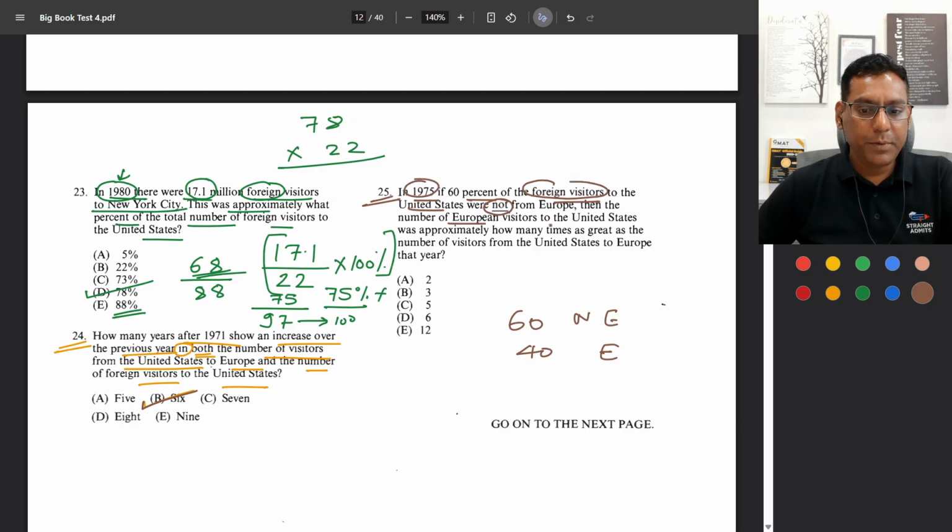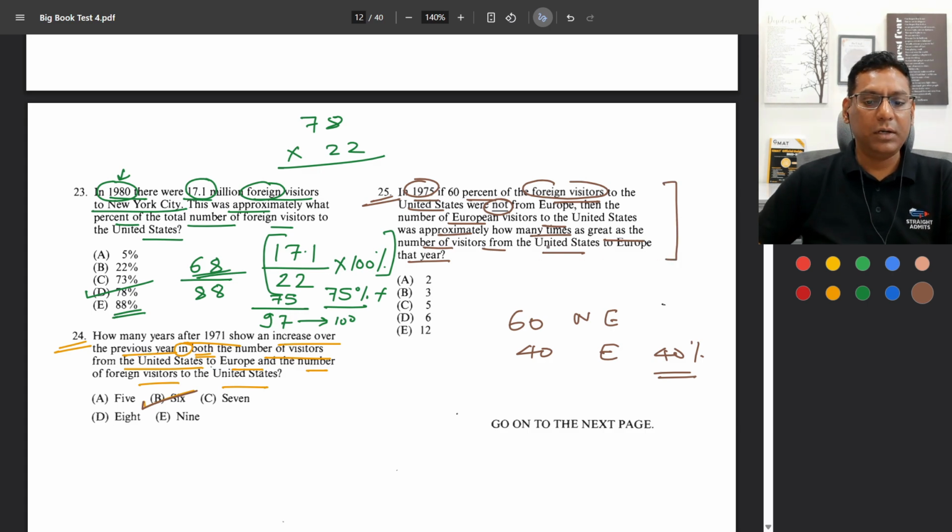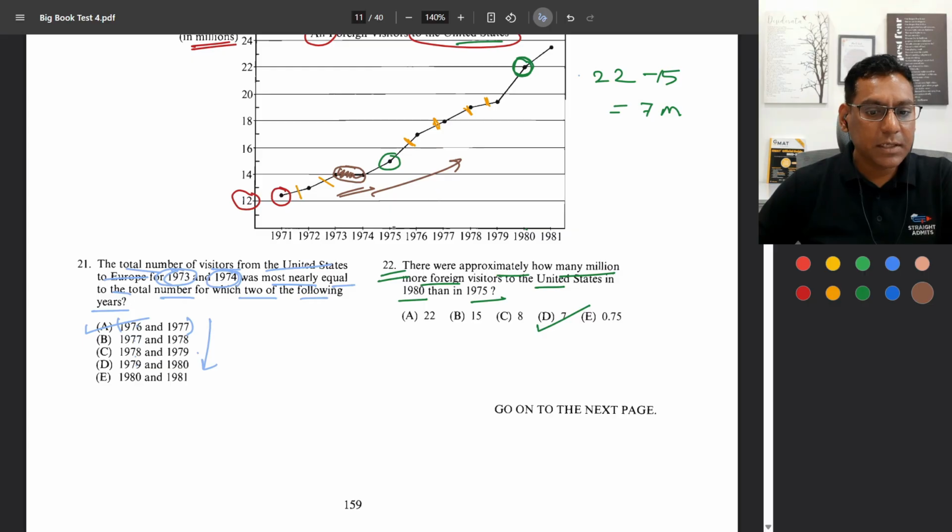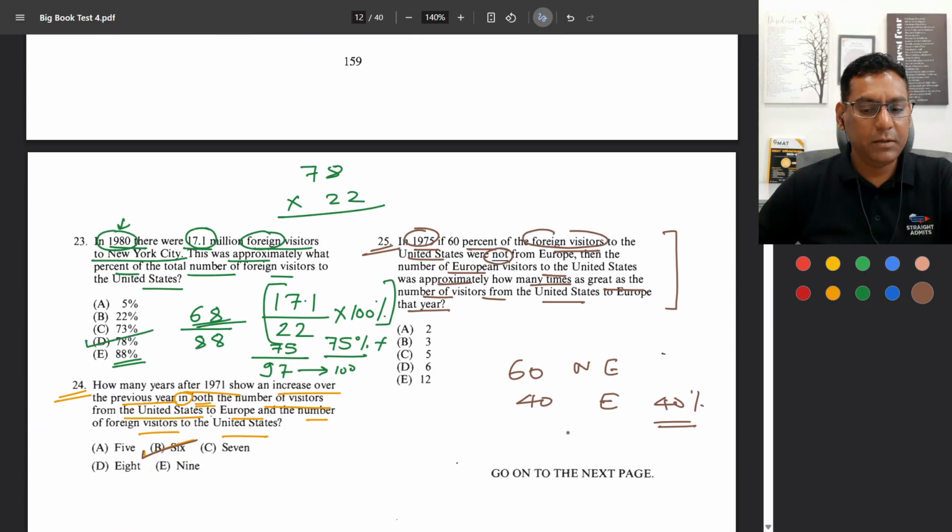Then the number of European visitors to the US, that is this 40%, was approximately how many times as great as the number of visitors from the US to Europe. Let's first find out this 40% number. This is a little long to understand. In 1975, how many visitors came? This number came, so that is 15 million.